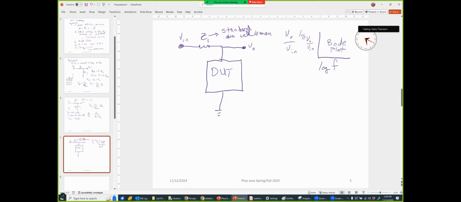So we go back to our definition of impedance.